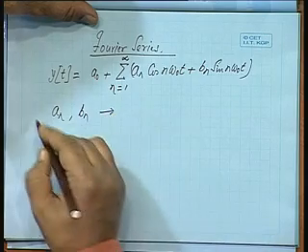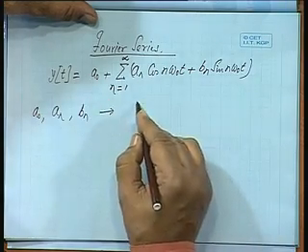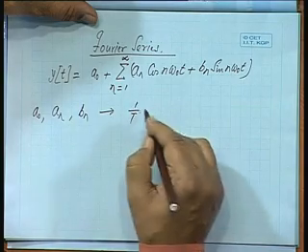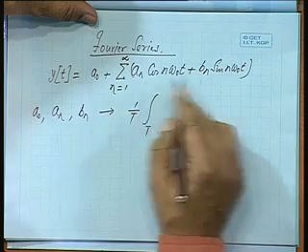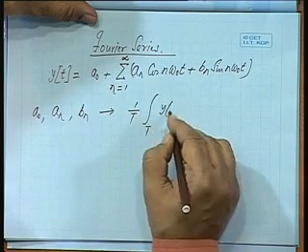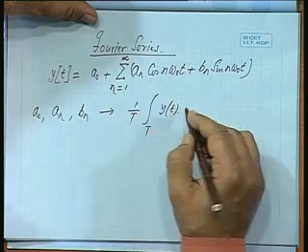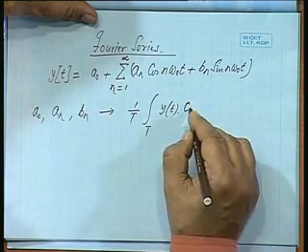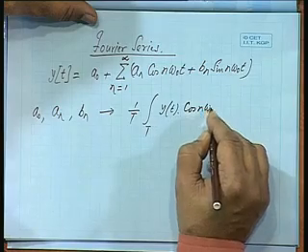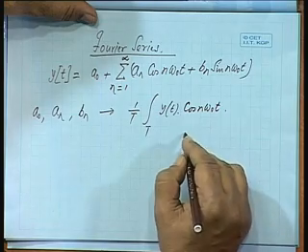Now, this representation gives me the coefficients an and bn, including a0, as 1 by T times the integration over the period of this function y(t) multiplied by the corresponding orthogonal function.